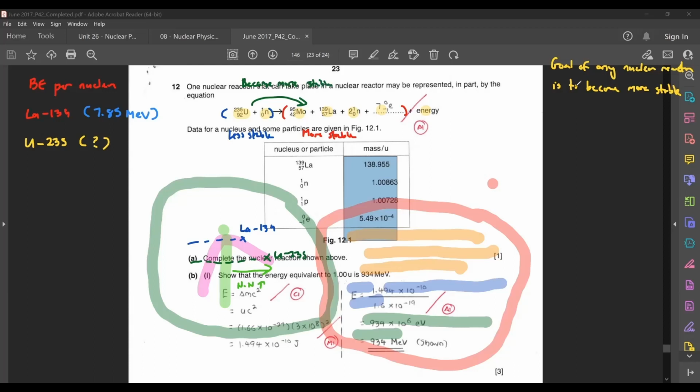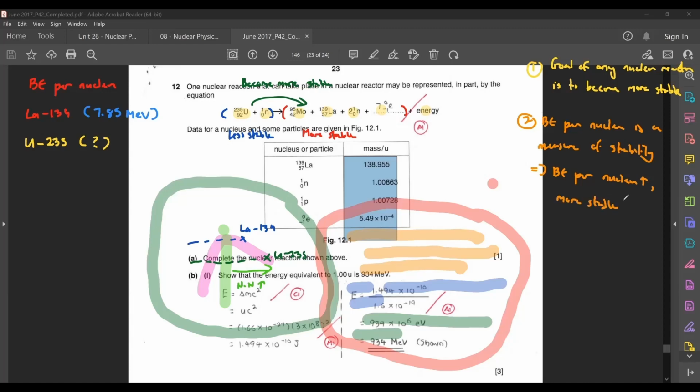All right, and also I mentioned to you that BE per nucleon is a measure of stability. So if BE per nucleon is higher, that means it is more stable.